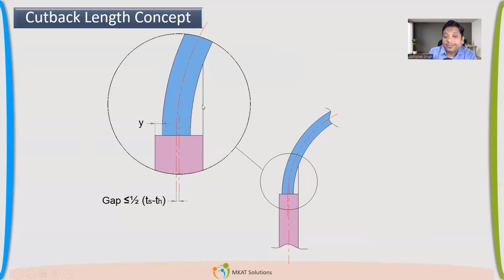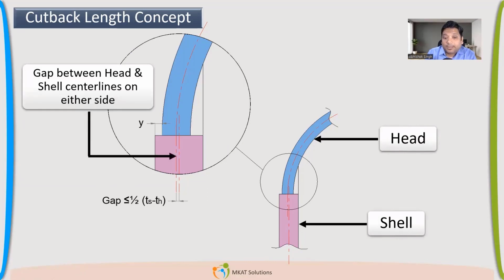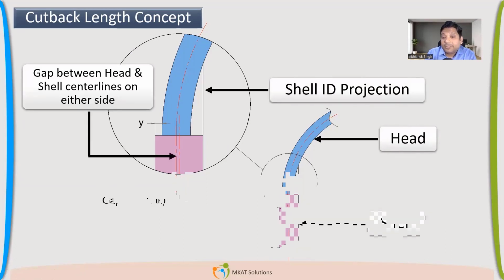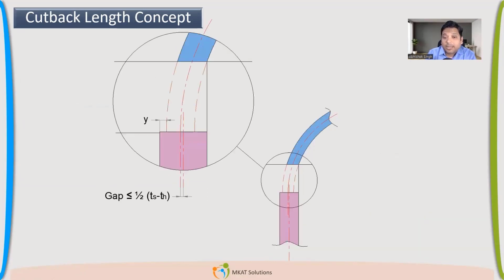So now what we are doing, let's see this figure. We have just extended this line, the ID of the shell, up to where it's touching the addition here. Hope you can see. Once this extension is done, at this point, I will cut that portion of the addition.